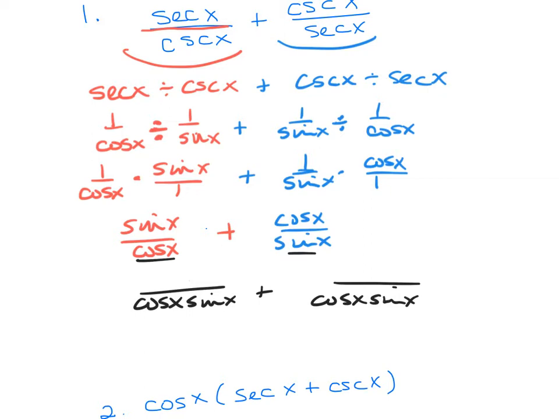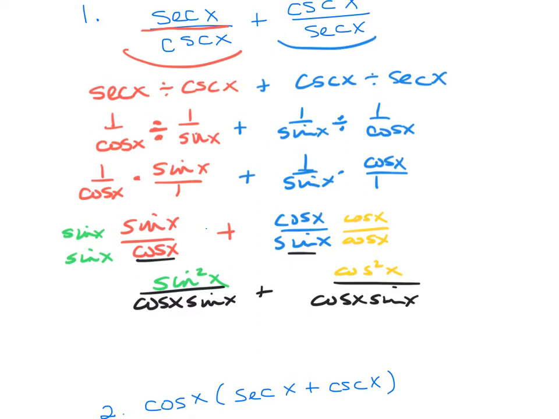And what this first fraction is missing is the sine x. So this new numerator becomes sine squared x. Over here, this one's missing the cosine x in the denominator. So whatever you multiply to the denominator, you multiply to the numerator.